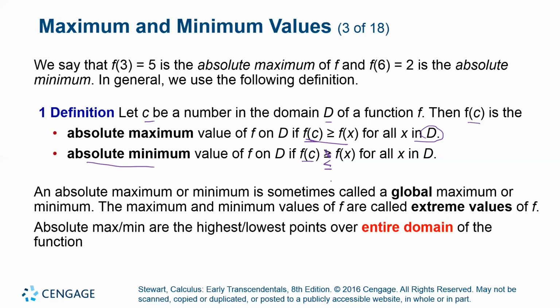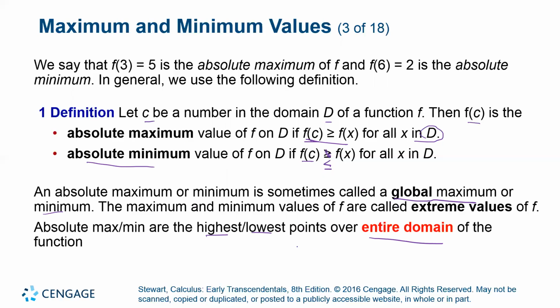So that is absolute minimum and absolute maximum. This is sometimes called the global maximum or minimum value. Global because it is the largest or highest point, or the lowest point, over the entire domain of the function.